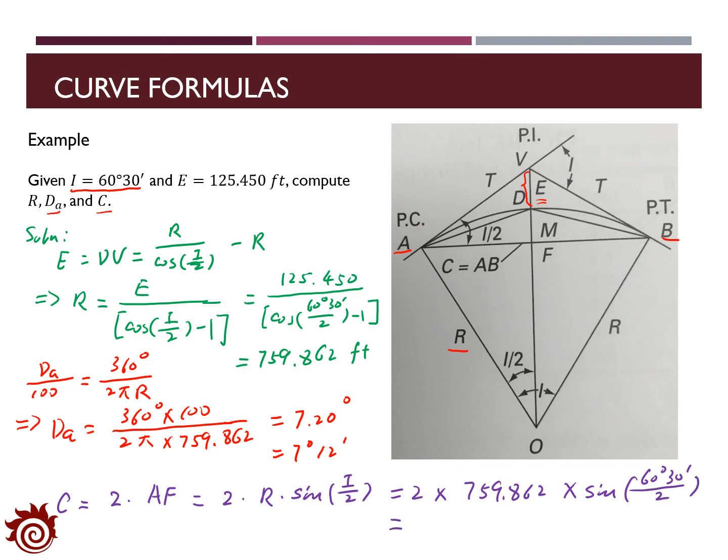With that, we find the chord length as 801.870 feet. So this example tells us how to use the curve formulas to find all the necessary information for the design of the horizontal curve.